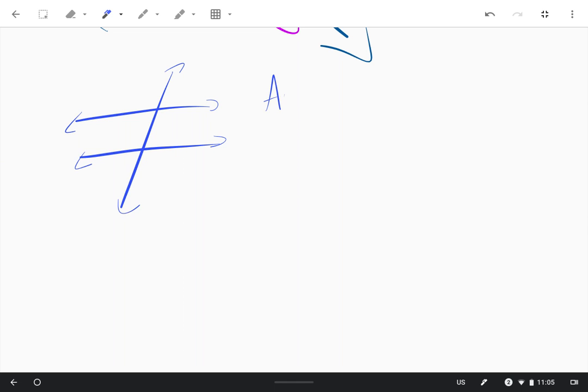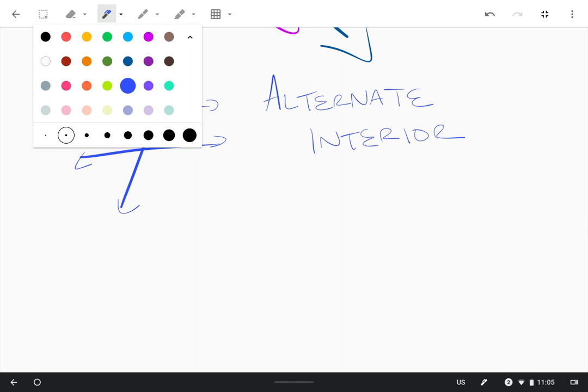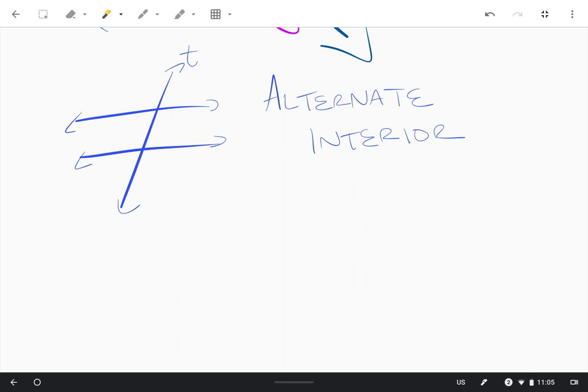The first type we're going to look at is alternate interior angles. Remember, alternate means they're on opposite sides of the T line, and interior means they're on the inside. So the pair of yellow angles right here and right here would be an example of a pair of alternate interior angles.